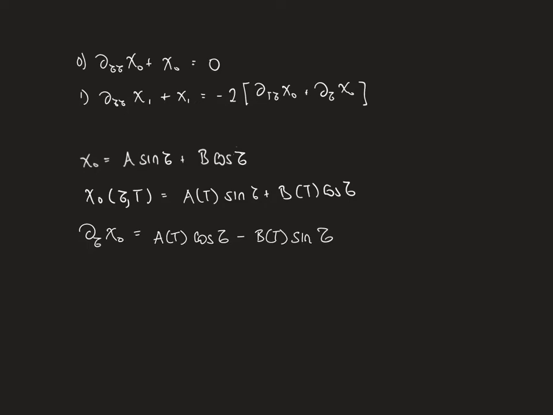And now let's go to the second one in here. We just have to derive this by capital T, d tau T x naught. So the derivative of this is just dA dT cosinus of tau plus dB dT sinus of tau, and that's all.